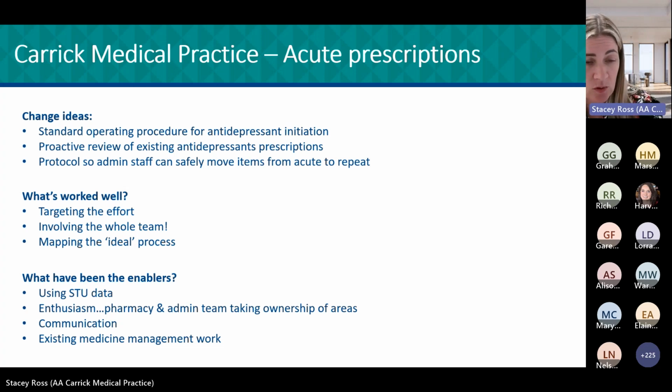Once the patient's been on it and is stable, they can get moved onto serial prescribing. And we do have the protocol in place so admin staff can safely move any items that they see on acutes onto repeats.